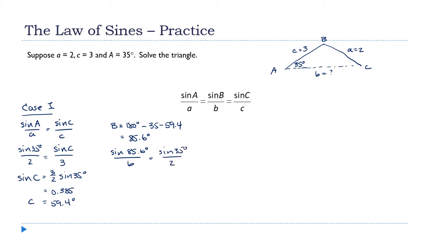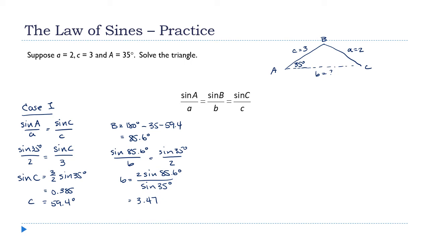And you solve this for B. B is 2 sine 85.6 divided by the sine of 35, which my calculator says is 3.47. Excellent. I got a perfectly good triangle out of this process.